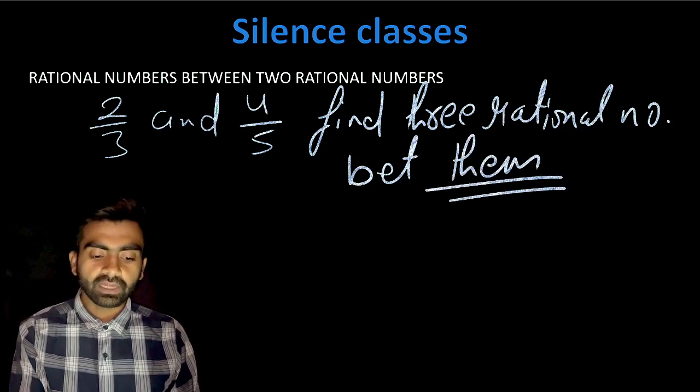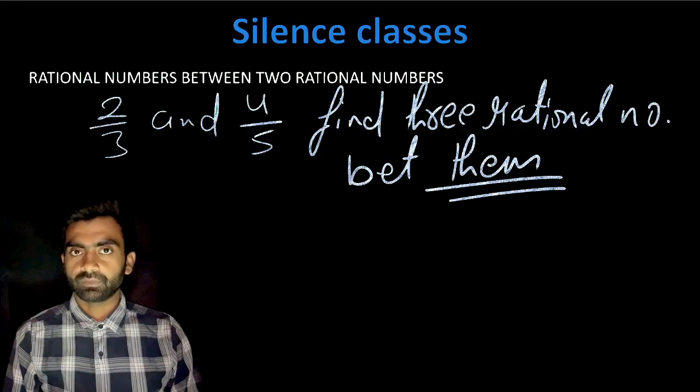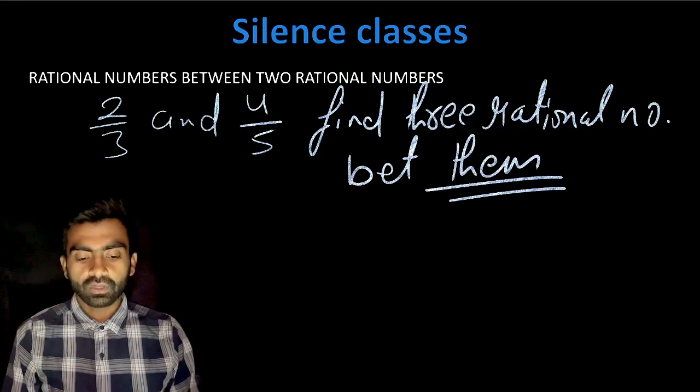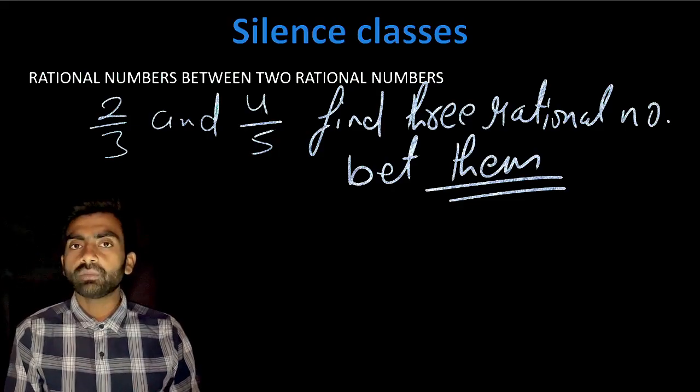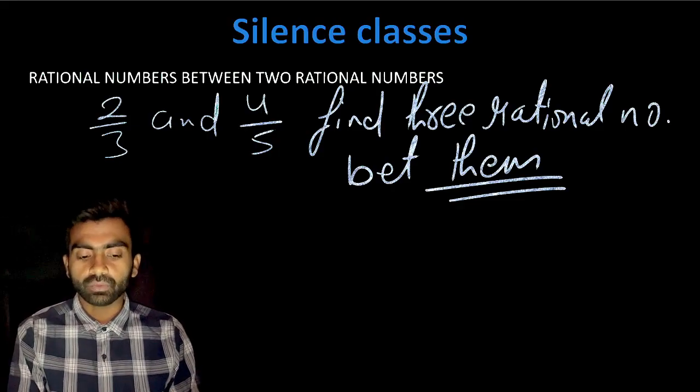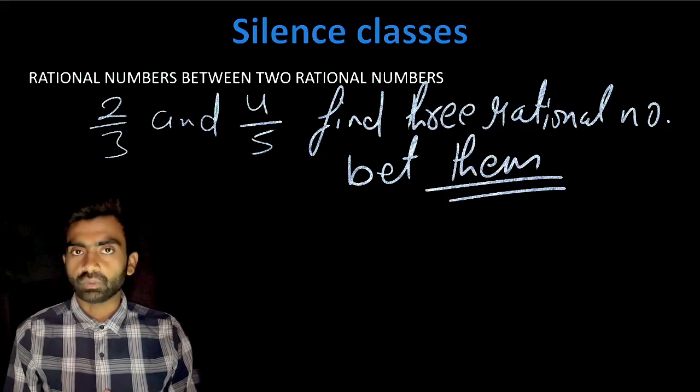So first of all we have to check whether the denominators are the same or not. If the denominators are not the same, first of all we have to make the denominators equal.